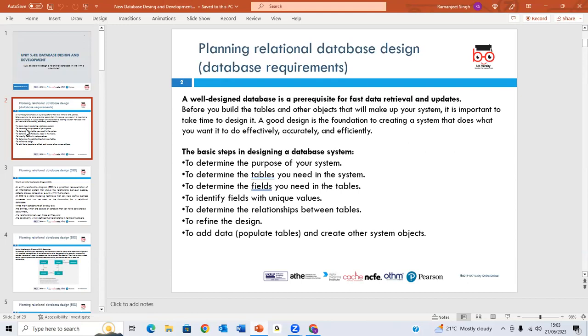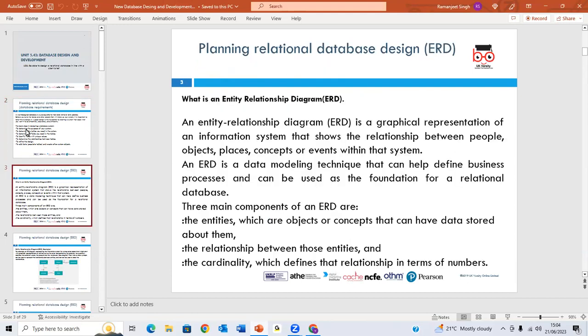So what does this mean? That in order for us to define our database, there are some requirements. So we need to plan our database. So we need to be able to make a design which allows us to have these entity and attributes communicating to each other. So what do we mean by entity relationship diagram?